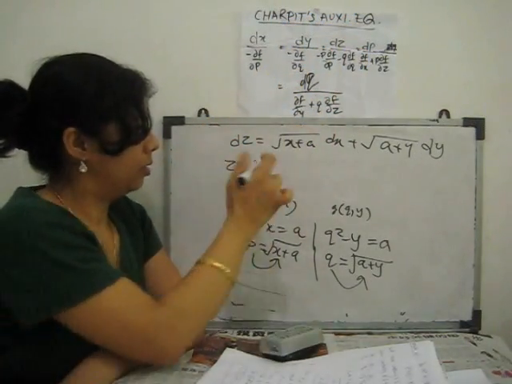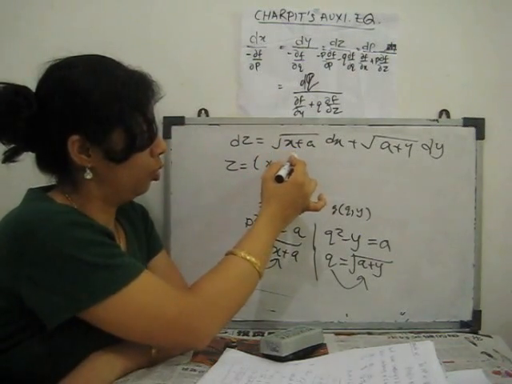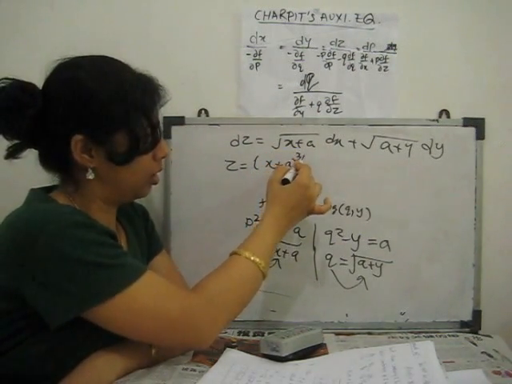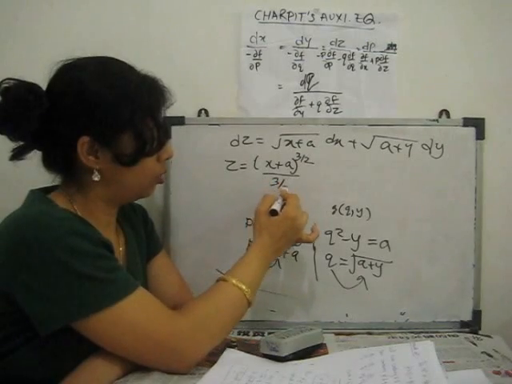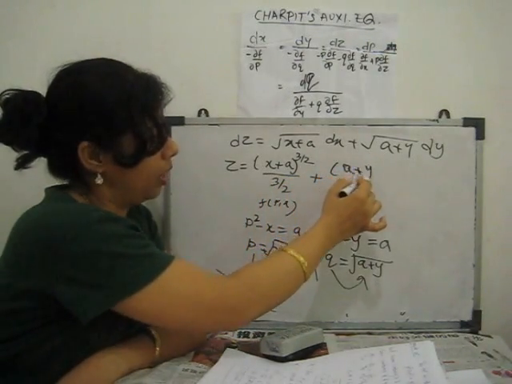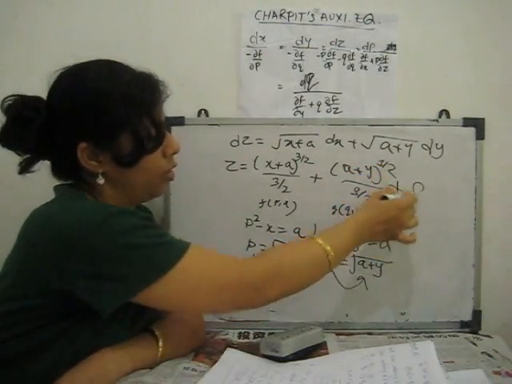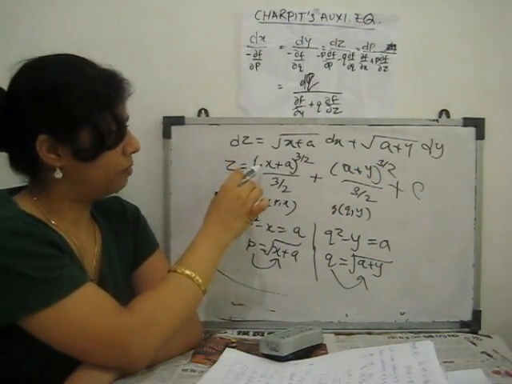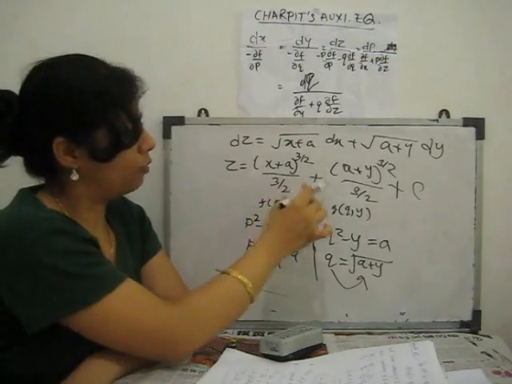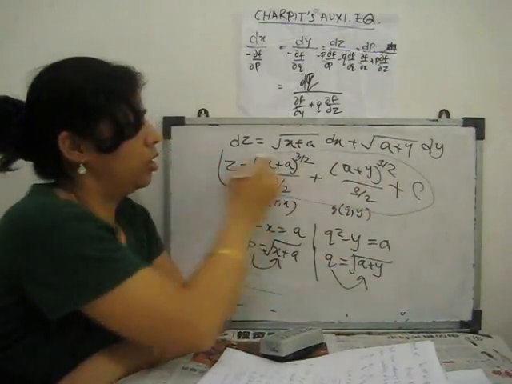So I will write, maybe sometimes you forget, x to the power 1 by 2 plus 1 is 3 by 2, upon 3 by 2, plus a plus y to the power 3 by 2 upon 3 by 2, plus c constant. So we can say this is 2 by 3 of this, 2 by 3 of this, plus constant is our required solution.